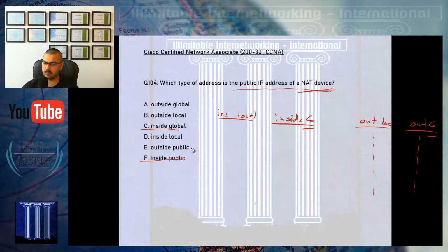There is nothing called outside public. Now giving 6 options to choose only one. Definitely anything local is no. So outside global is the destination, inside global is mine, and since he's mentioning a NAT device, then it's my edge router. So definitely C will be correct. Okay, this is 104.